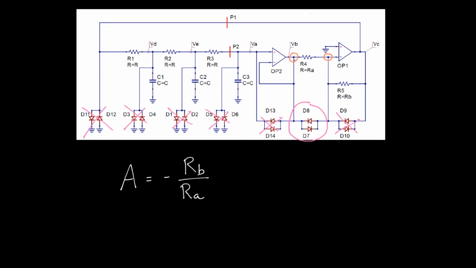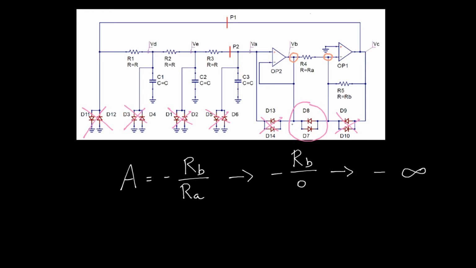If one of these diodes would start to conduct, then there would be a short circuit path from the node where VB is measured to the negative terminal of the amplifier. So that means that the resistance will effectively be 0 ohms. In other words, the amplification factor will go to negative RB over 0. And that indeed goes to negative infinity.